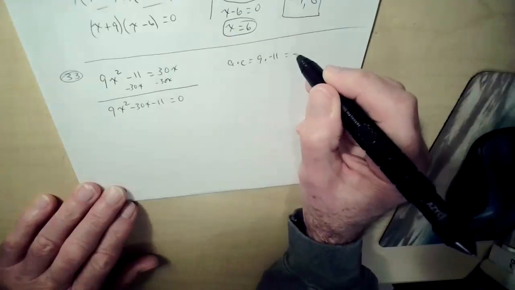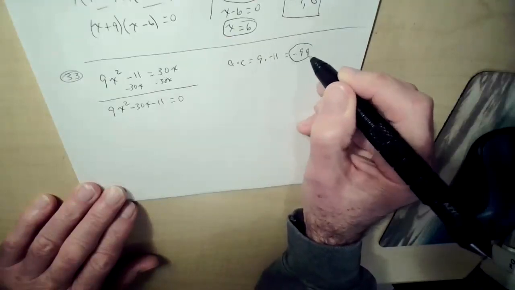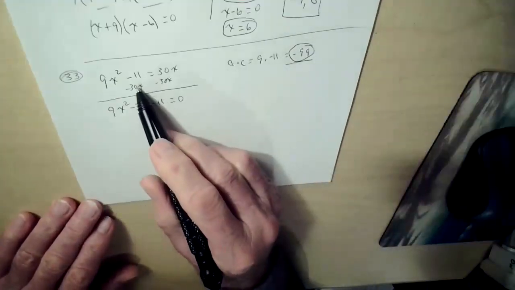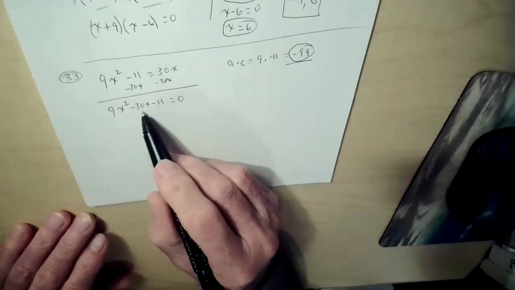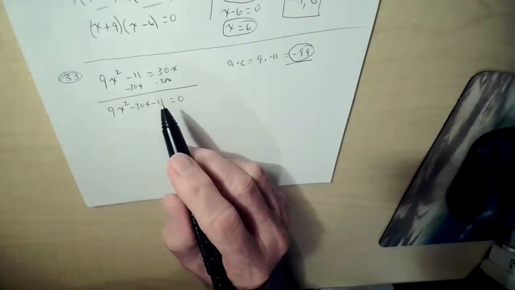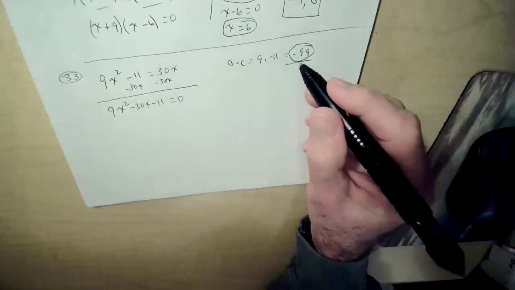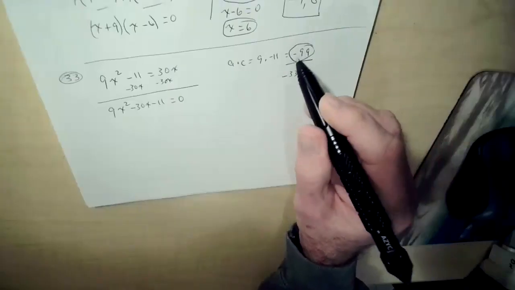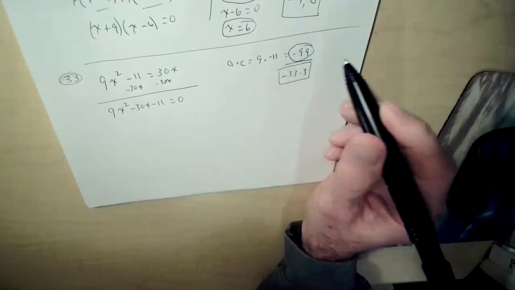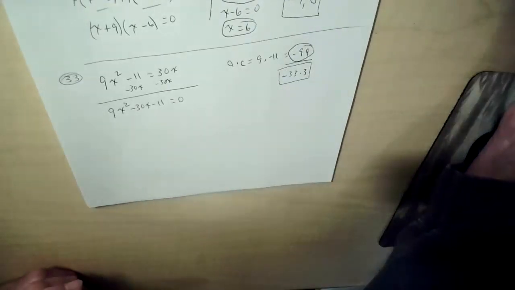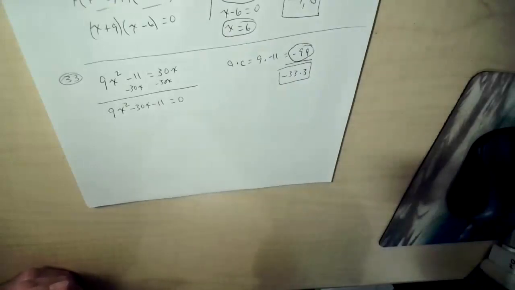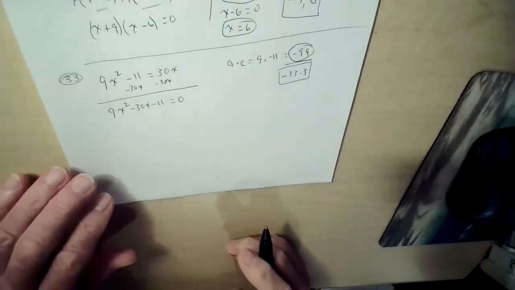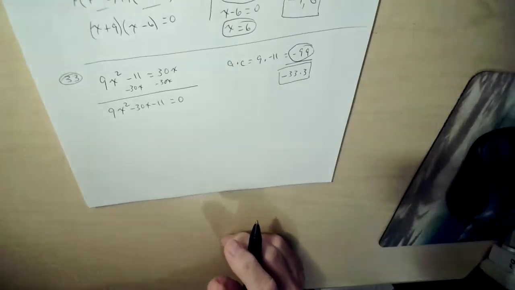Now we do a times c, which is 9 times negative 11, which is a negative 99. Now, what are the factors of negative 99 that add up to negative 30? So negative 33 times 3.